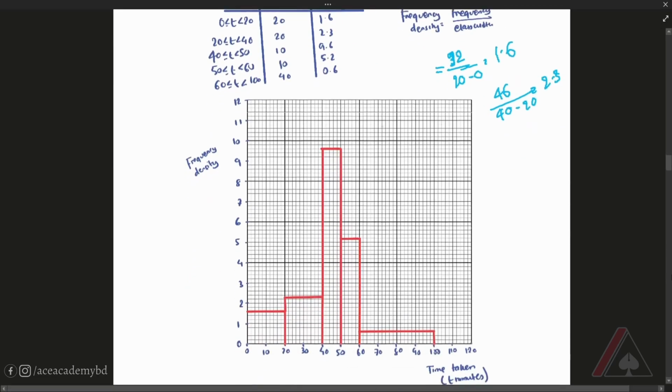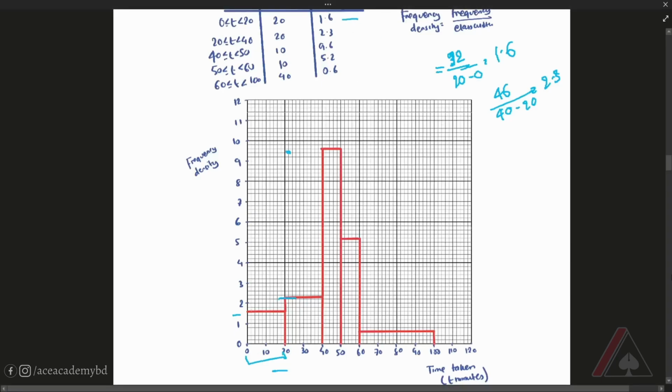And now we draw the histogram. So on the histogram, we put frequency density on the y-axis, and we put range of time taken on the x-axis. So from 0 to 20, our frequency density is 1.6.